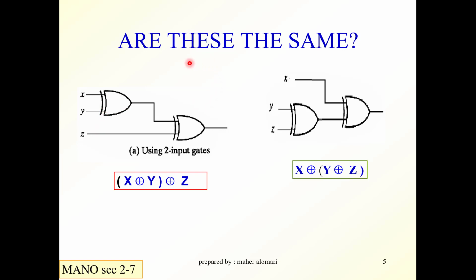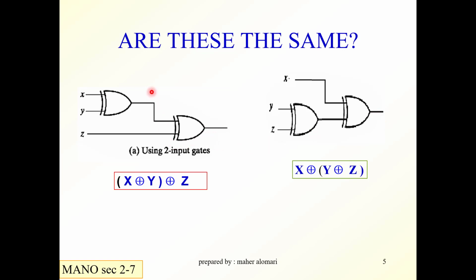Before we answer this question, let's look at these two circuits. Are these two circuits equivalent? In order for these two circuits to be equivalent, the output here must be equal to the output here. And what is the output here?